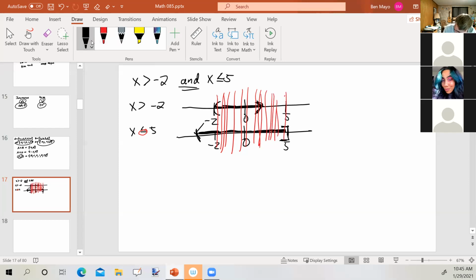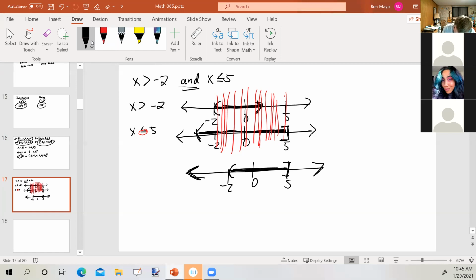So the intersection, we've got 0, 5, -2. It's open at -2 and closed at 5, and it's a line segment in between.